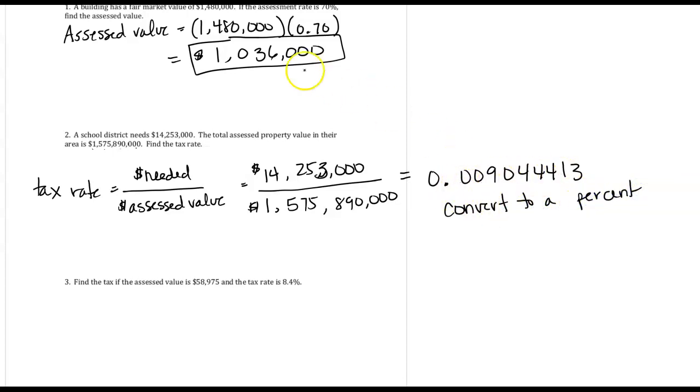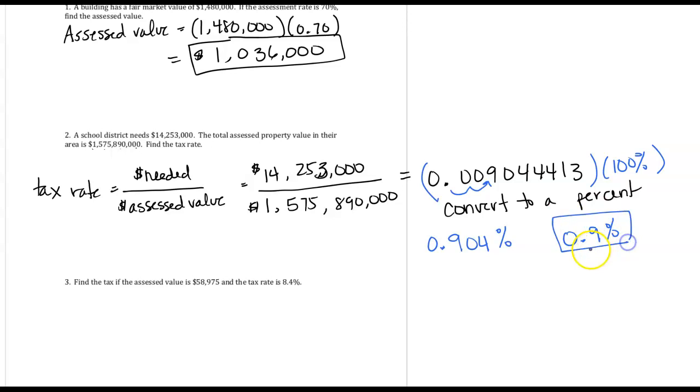I'm going to take all of that and multiply by 100%, which essentially is a shortcut of moving that decimal 2 places to the right, giving us 0.90%. Typically, they'll ask for 1 or 2 decimal places. So 1 decimal place would be 0.9% and 2 decimal places would be 0.90%.